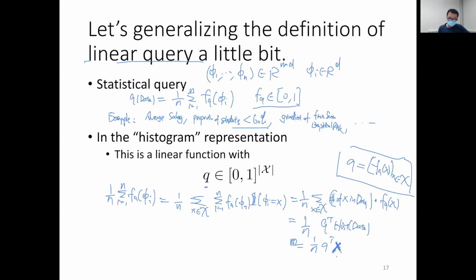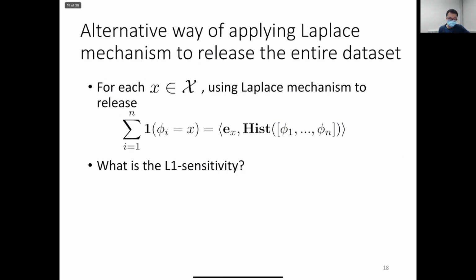On the other hand, maybe we can do a little bit better by applying the Laplace mechanism in a slightly different way. Maybe we can do like randomized response to privately release the entire bit vector. So how about we use the Laplace mechanism to release the entire data set in the histogram space? What we can do is to release this.